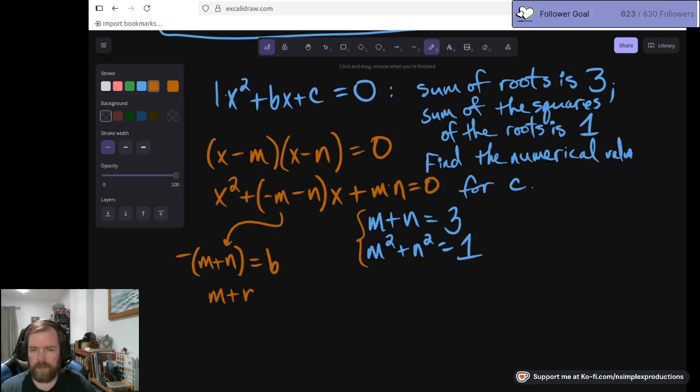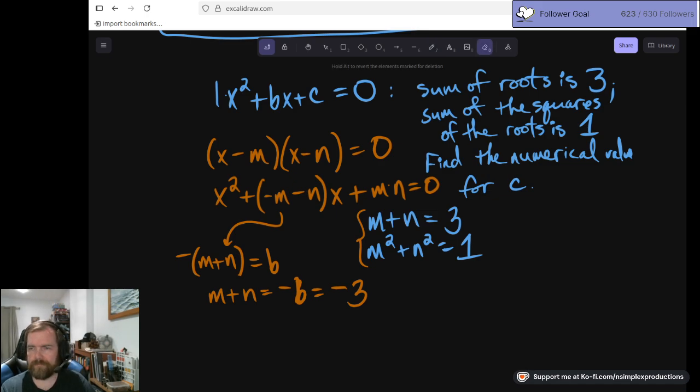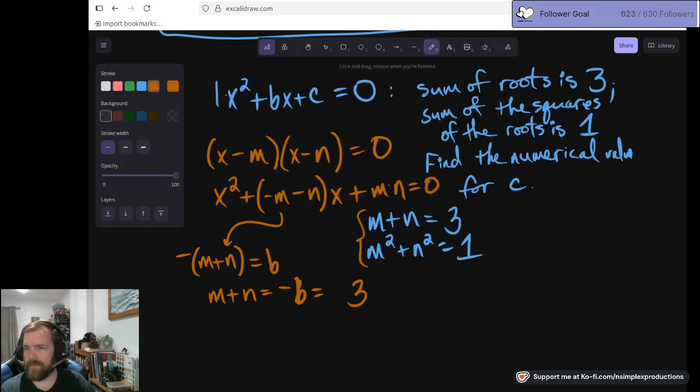So m plus n is negative b, which is also equal to negative 3. Sorry, m plus n is equal to 3, and therefore b is equal to negative 3. All right, this is not the answer. However, it is a nice little step that we can take to get through all this.